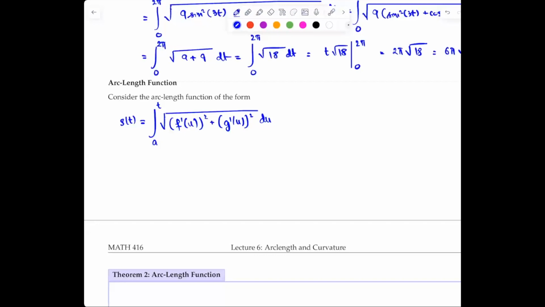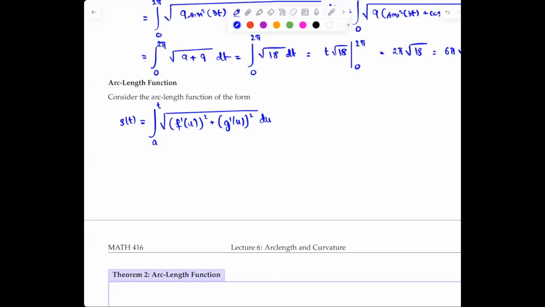Can you find the length of the tangent vector? So how would you find the length of a vector? Exactly. So the length of the tangent vector is this: f prime of t squared plus g prime of t squared, then you take the square root of that.